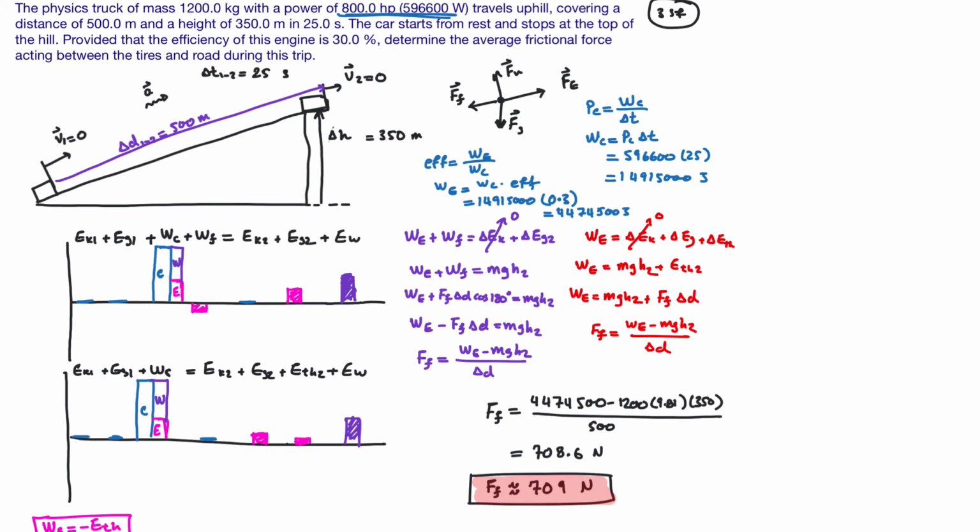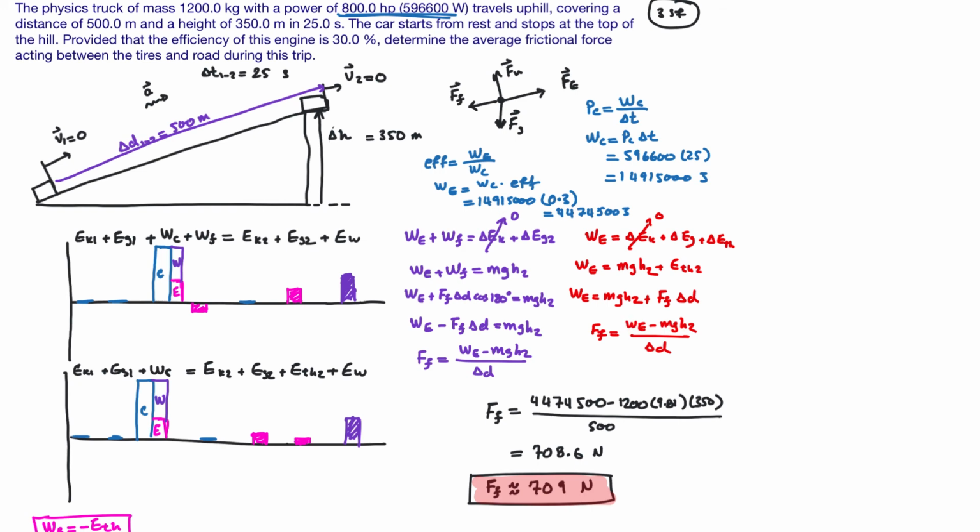And let's just look at the second one here. The work done by the engine here is equal to change in gravitational plus change in thermal energy. Thermal energy is force of friction multiplied by delta D. Again, this is the thermal energy caused by force of friction between a surface and when it travels a certain distance. And then we just rearrange for what we need. We need force of friction, and we have the work done by the engine.